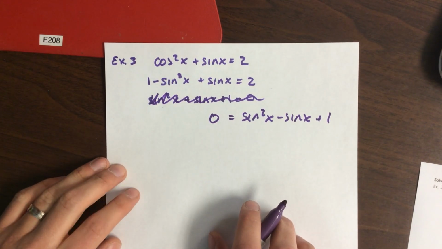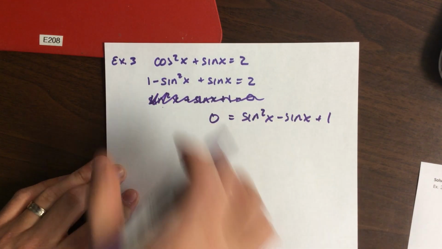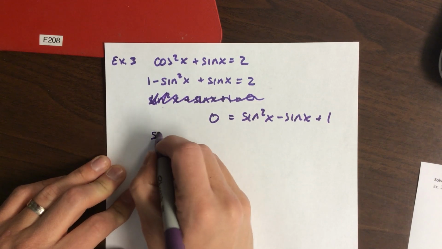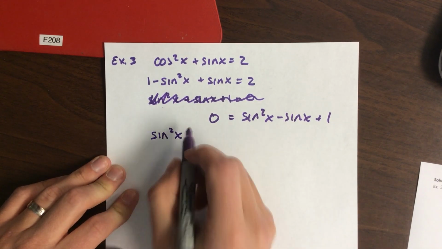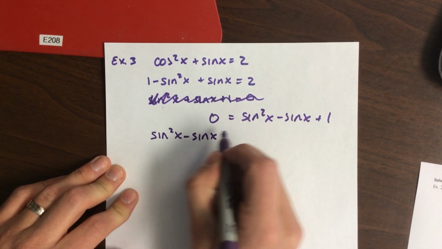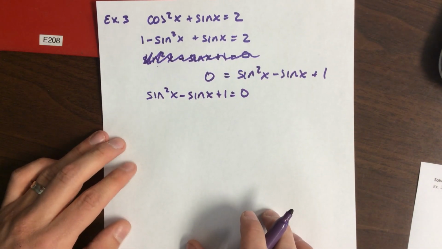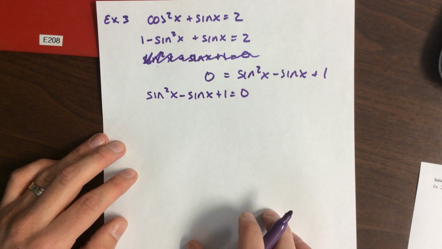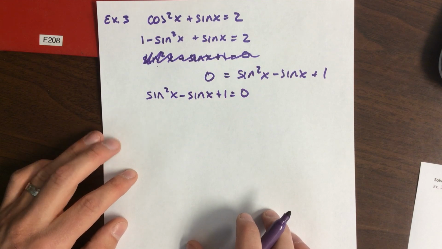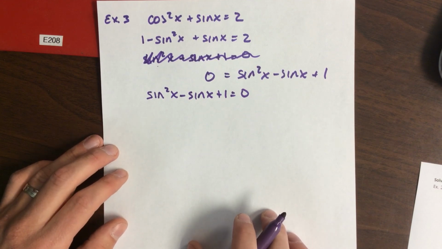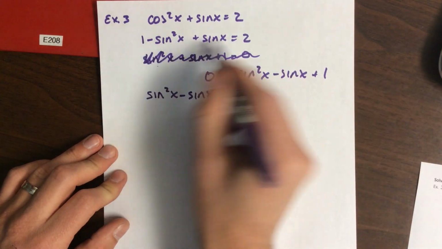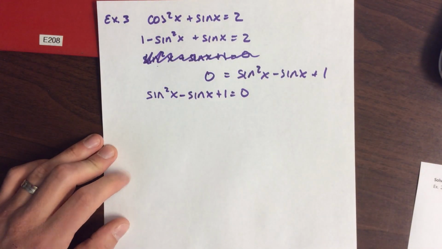But because I'm picky, I like writing my equation on the left side because that's the way I like doing things. It's exactly the same thing. It's not factored. 2 minus 1.